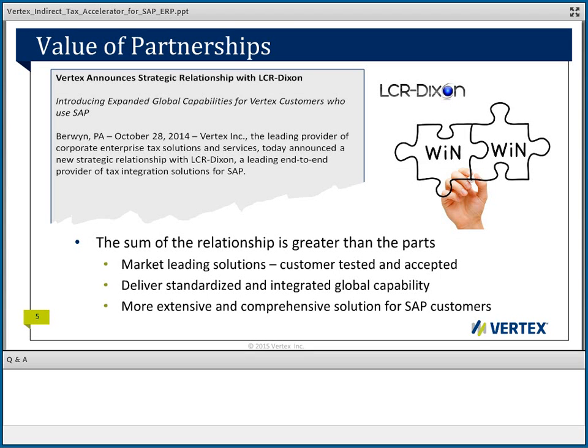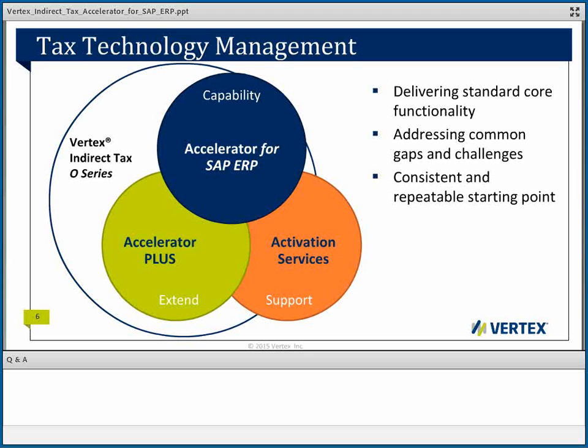Why we think this is important to both Vertex, LCR, and you guys, the customers, is the combination helps increase tax automation, use tax-sensitized master data across the organization, and hopefully improve operational efficiency. LCR, as stated up there, you can see number of market-leading solutions, very tested in the market and accepted. And we think this partnership was the foundation to help us move forward.